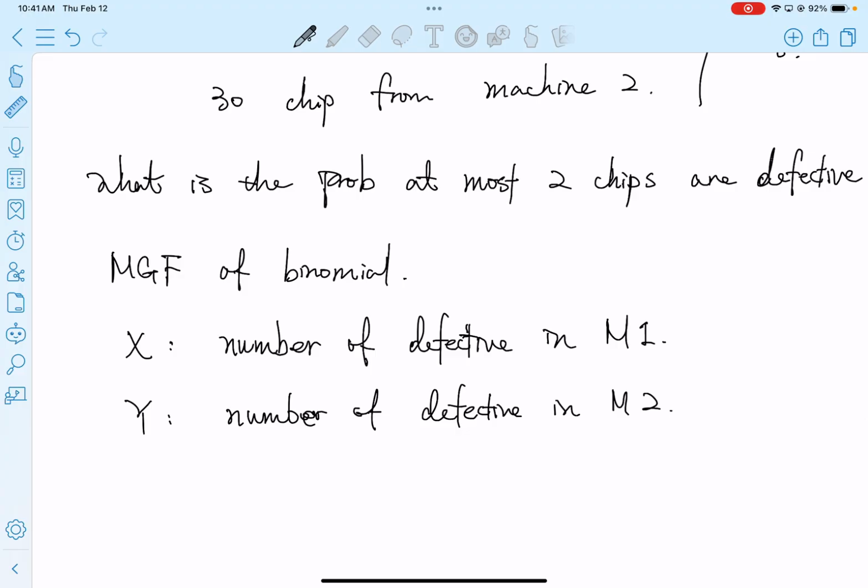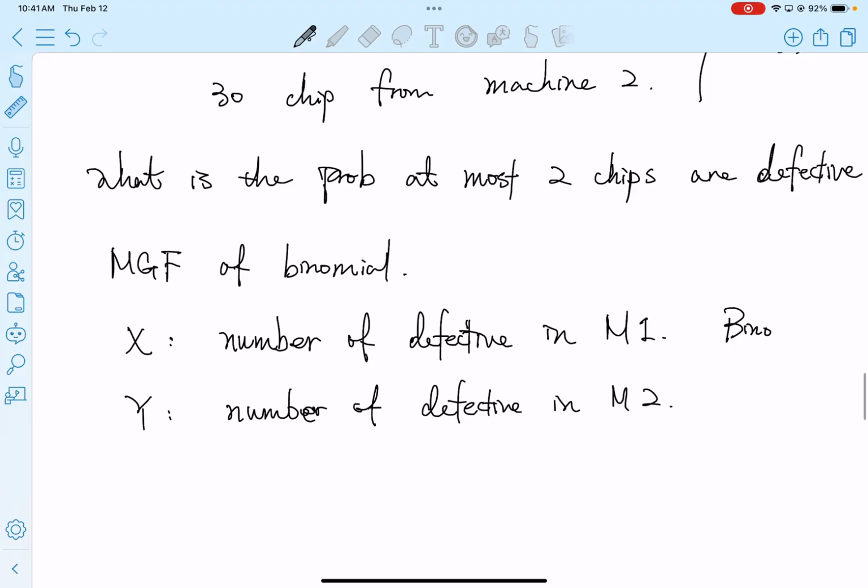Each of them follows a binomial distribution.